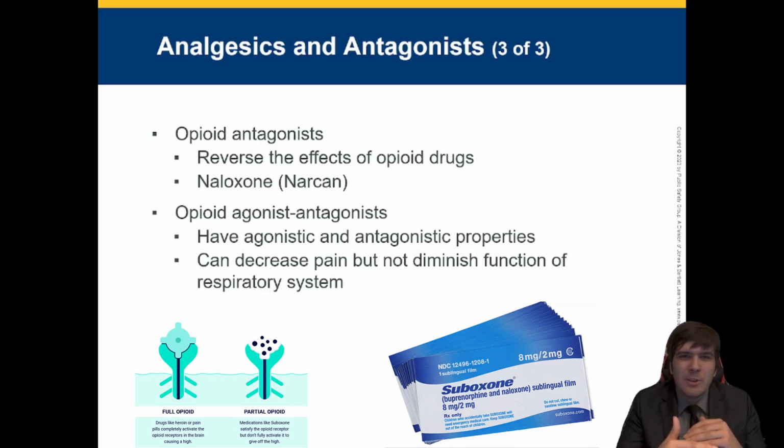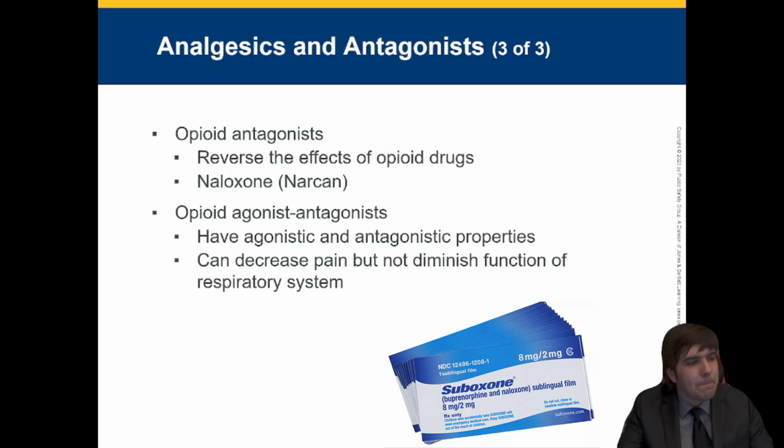It can only affect so much, but it doesn't decrease their respiratory status at all. It also has Narcan mixed in with it, and so if they try to snort it or inject it, it immediately kills the high. It only works if you take it under the tongue, which is the way they want it to, because naloxone doesn't work through that route very efficiently.